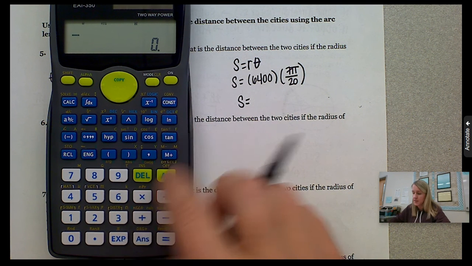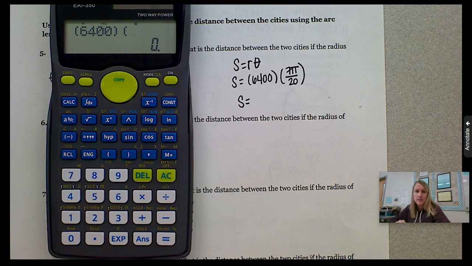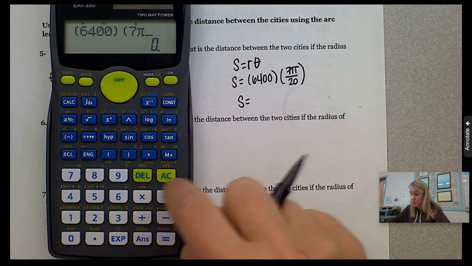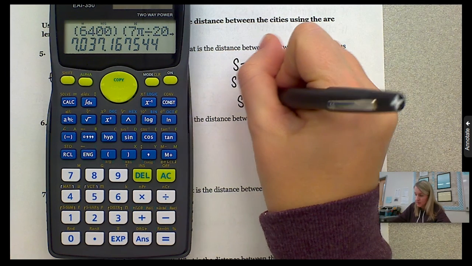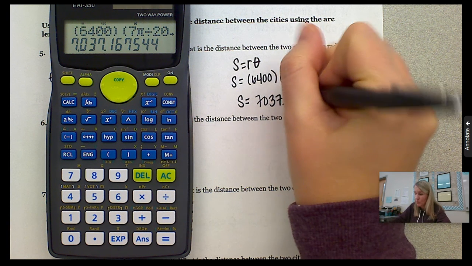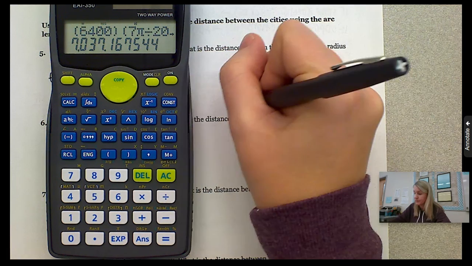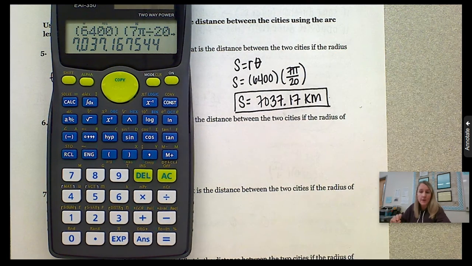So when I throw it in, it's, I like parentheses, 6,400 times 7 pi over 20. I press enter. 7037.17, and that's kilometers. That would be your final answer.